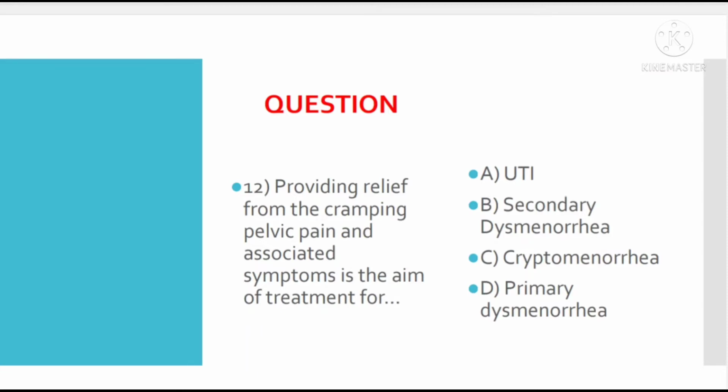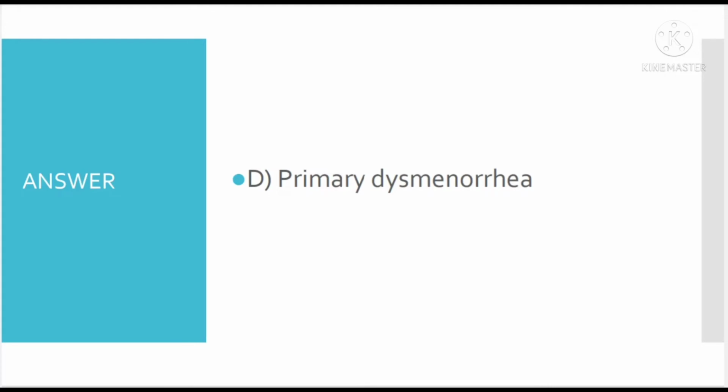Providing relief from the cramping pelvic pain and associated symptoms is the aim of treatment for: option A UTI, option B secondary dysmenorrhea, option C cryptomenorrhea, and option D primary dysmenorrhea. Here the correct answer: option D, primary dysmenorrhea.